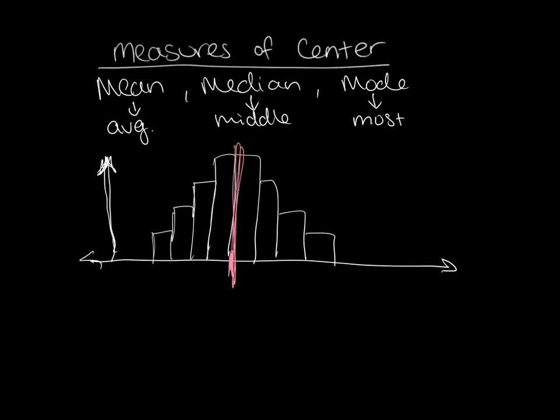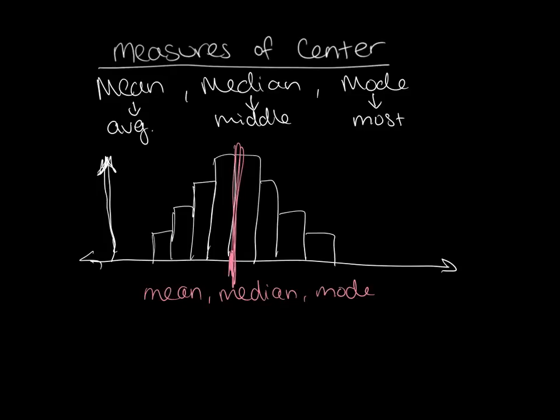The mean, the median, and the mode all lie here in the middle. That's important to know because once we start skewing the data, with a skewed histogram, our mean, median, and mode look a little bit different.